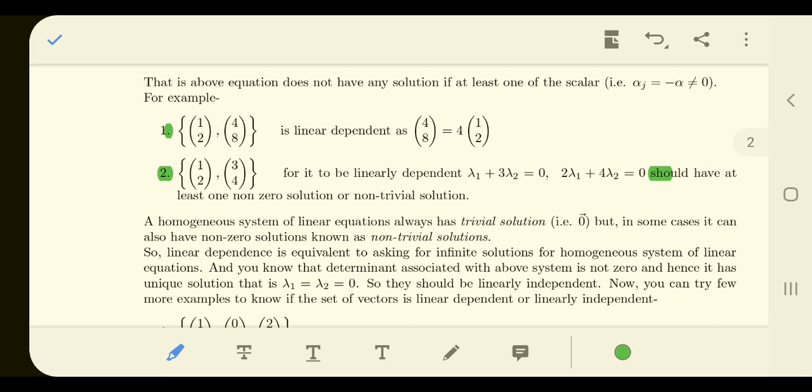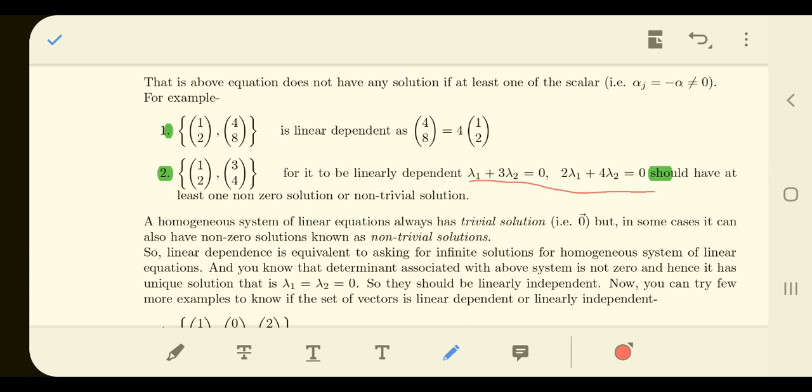right? So you will find that the first vector times lambda 1 plus the second vector times lambda 2 gives you 0, which essentially means these two equations. So you need to have a solution for that, and that solution should not be completely 0, meaning lambda 1 equals lambda 2 equals 0.